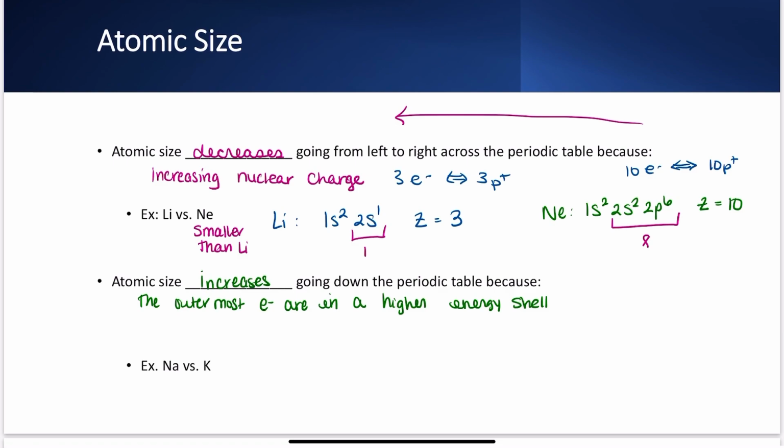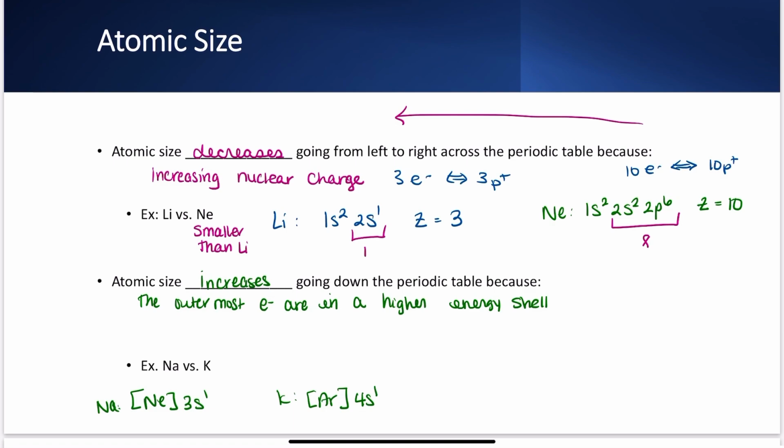So if I look at sodium versus potassium, sodium has abbreviated configuration neon 3s1. Potassium has an abbreviated configuration, argon 4s1.